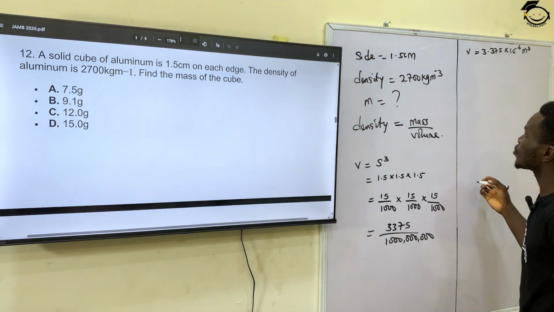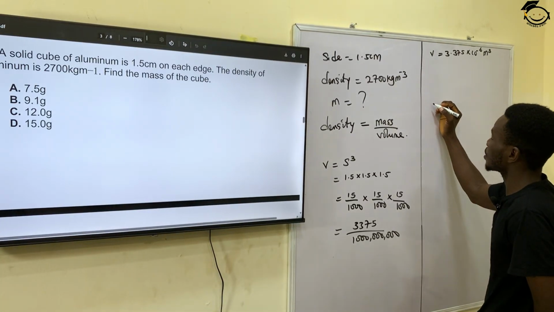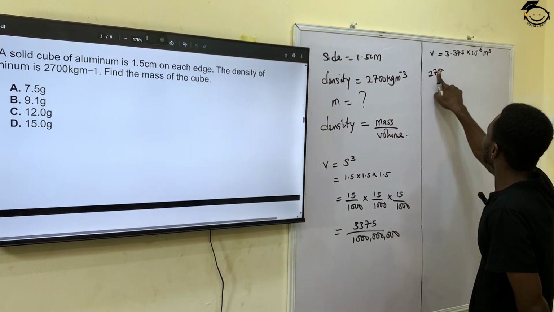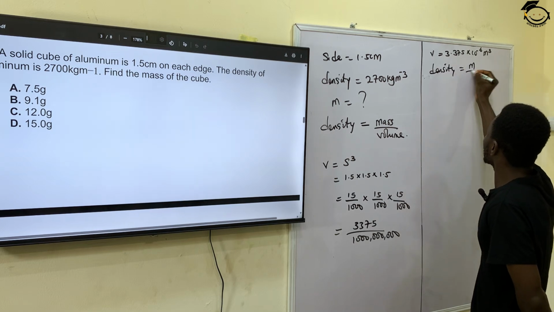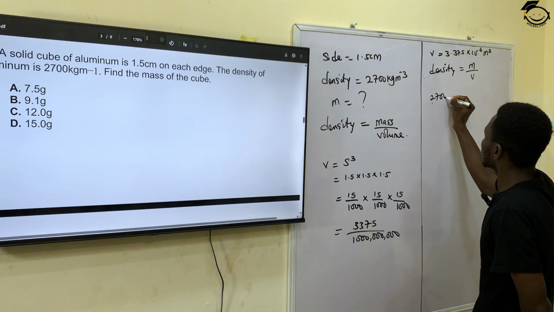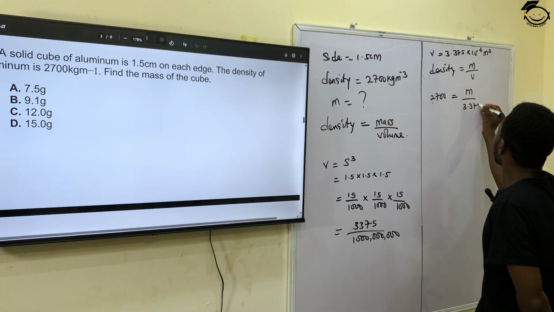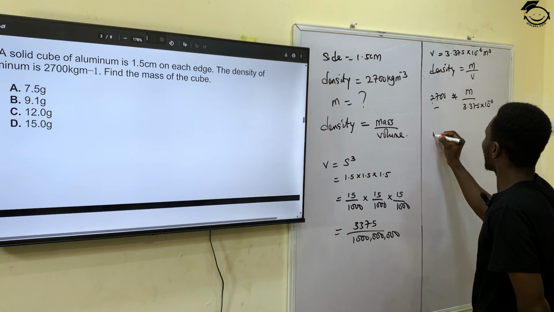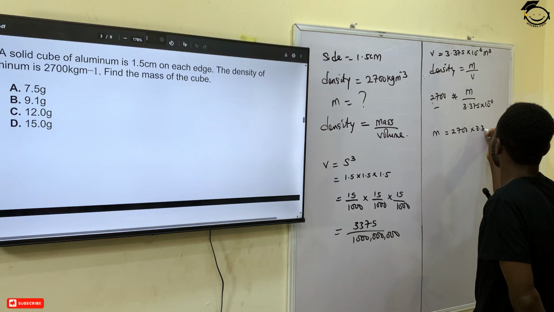The next thing, I'm going to use this and input into the formula to get our mass. Since we already know what our density is, this means I'll be having 2,700. Since my formula says density is equals to mass over volume, it means I have 2,700 is equals to mass over 3.375 times 10 raised to the power minus 6. So if I cross multiply, it means that my mass is equals to 2,700 times 3.375 times 10 raised to the power minus 6.